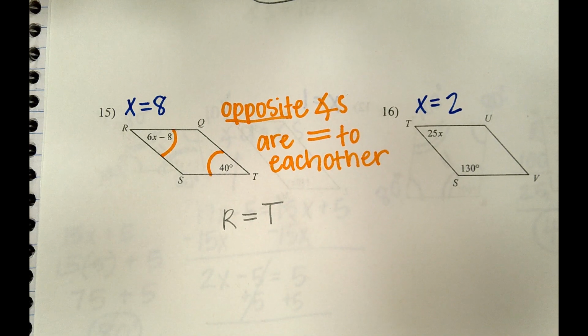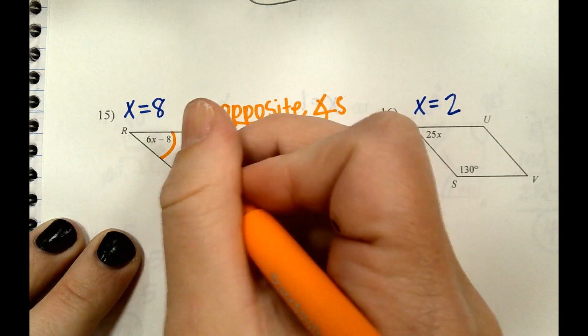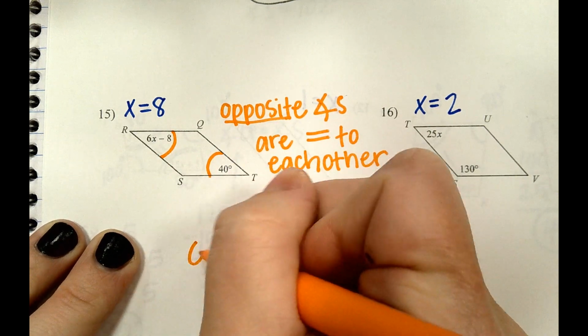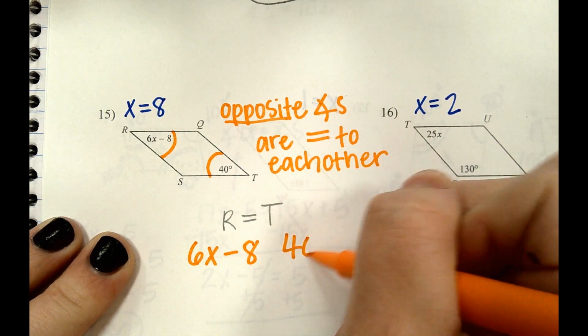So with this information, what equation could I write given the values in this problem? Yep, we're just going to plug those in. 6x minus 8 is R, and T is 40.